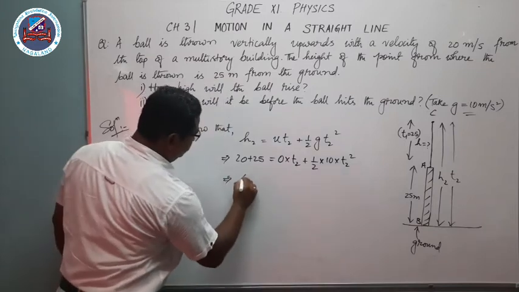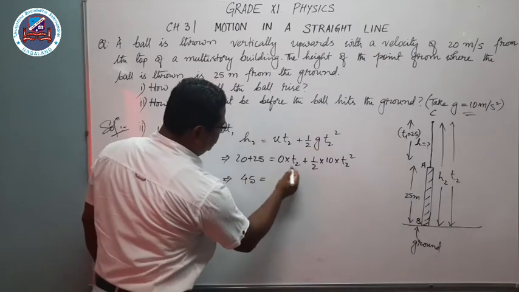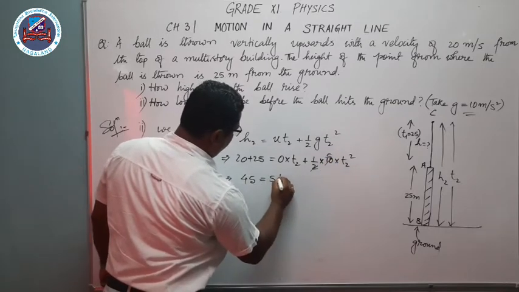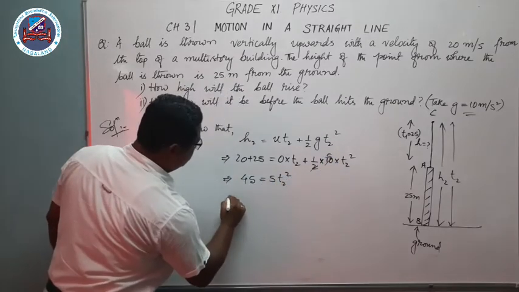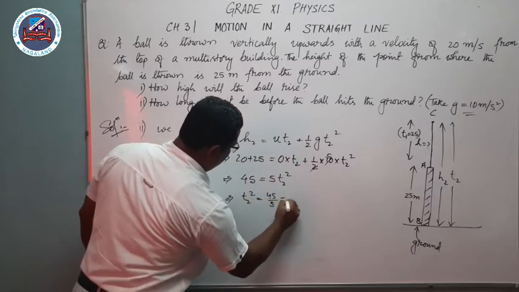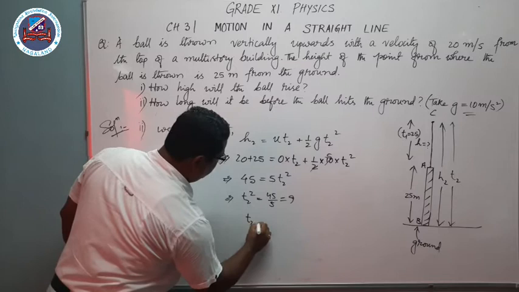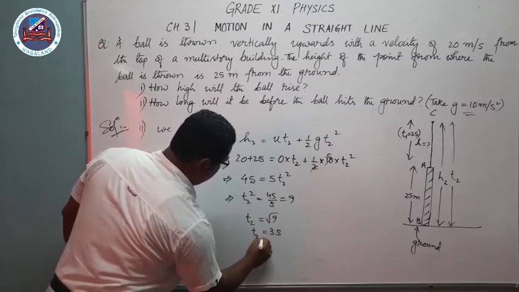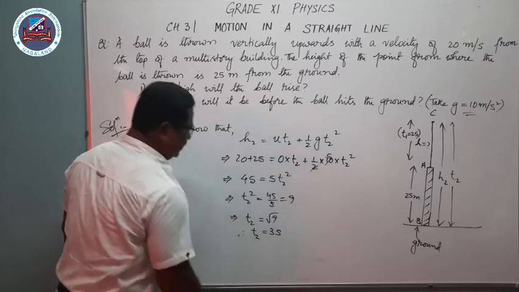Now this will give us 45 equal to, this is 0, 5 T2 square. So T2 square is equal to 45 by 5, which is 9. So T2 will be the square root of 9, which is 3 seconds. So T2 you will get as 3 seconds.